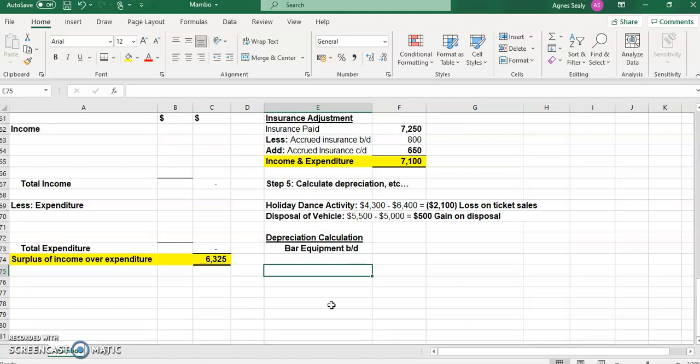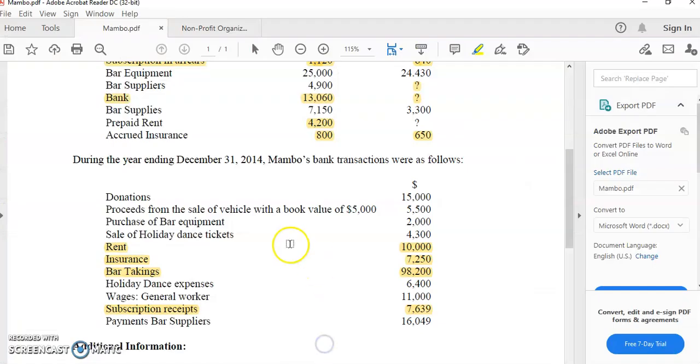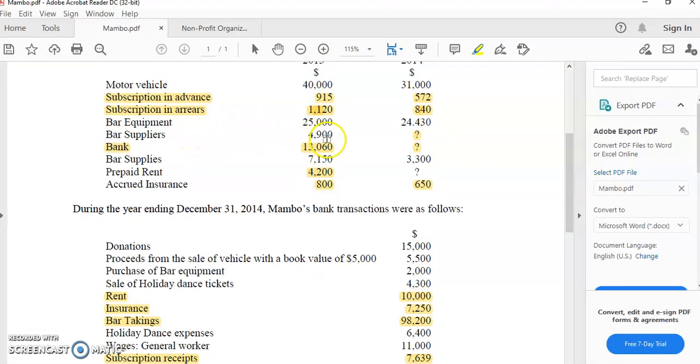So now we are going to be looking at depreciation for our vehicles and also for our bar equipment. And we said that we started with bar equipment. They started with $25,000 worth of equipment and ended with $24,430.